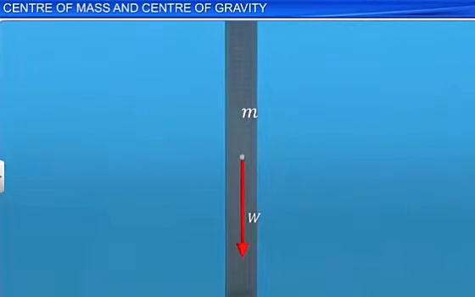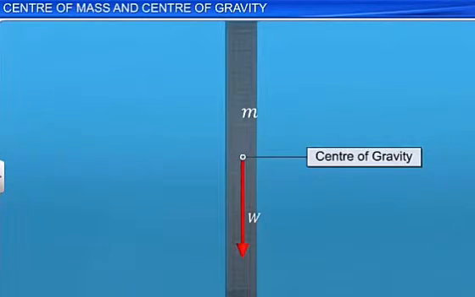Even when the orientation of the body is changed, its weight always acts through this point. This point is called the center of gravity of the body and is usually represented by G. The center of gravity of an object is defined as a fixed point through which the entire weight of the object acts, irrespective of its position and orientation.